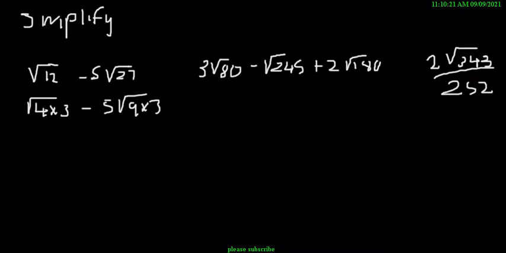So from here we can say root of 4 is 2, so 2 times root of 3 minus root of 9 is 3, 3 times 5, that's going to be 15 root of 3.